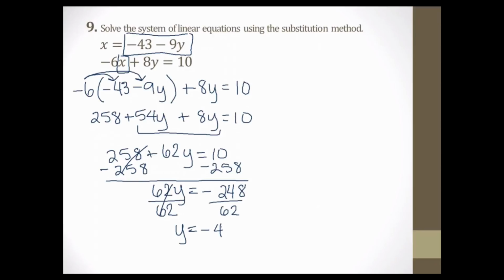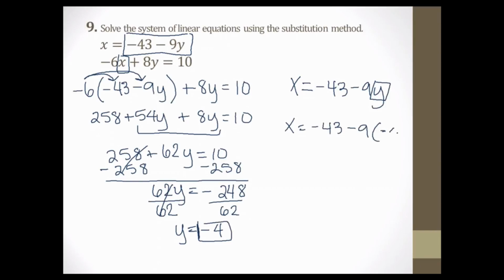Now I'm going to take that y equals -4 and plug it into one of my equations. I'm going to use the first equation because it's already set up to tell me what x equals. So we had x equals -43 minus 9y. I'm going to substitute -4 in for y. So I have x equals -43 minus 9 times -4.